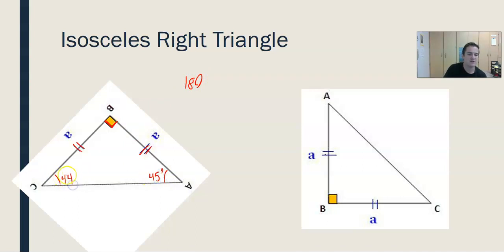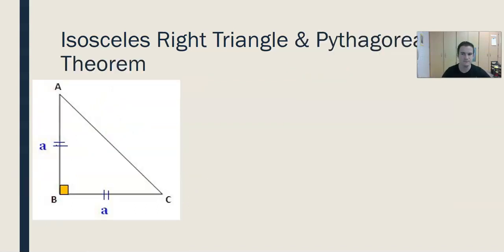Because 45 plus 45 plus 90 equals 180. So this is what we call a, like I said on the objectives slide, this is a 45-45-90 triangle. Or an isosceles right triangle. That's another way you can think about it. And this has some special properties.